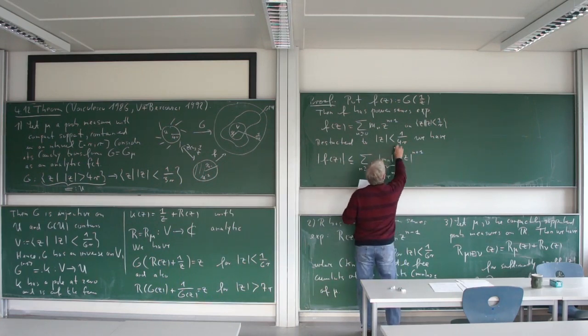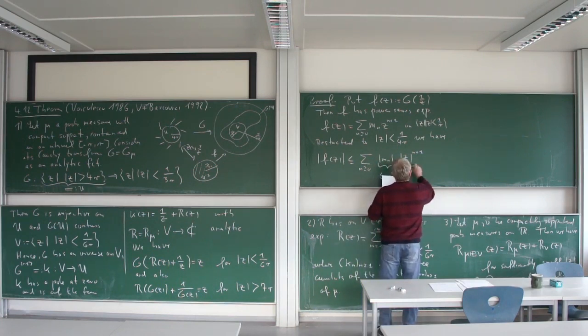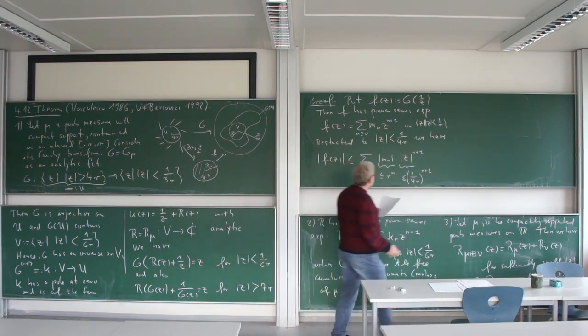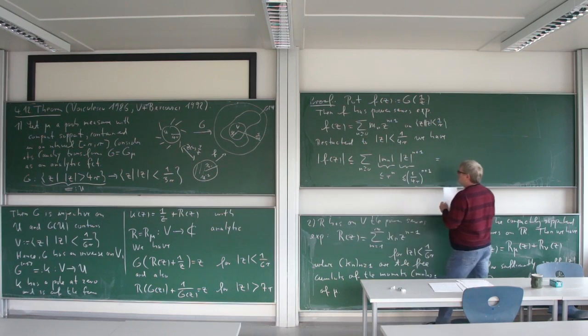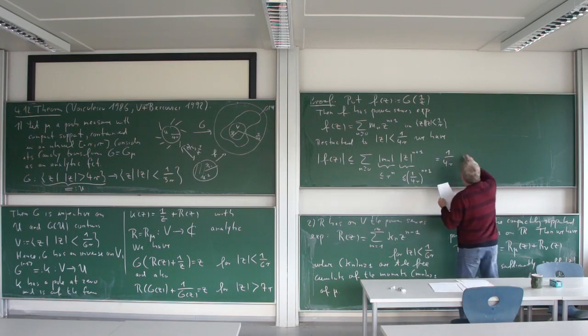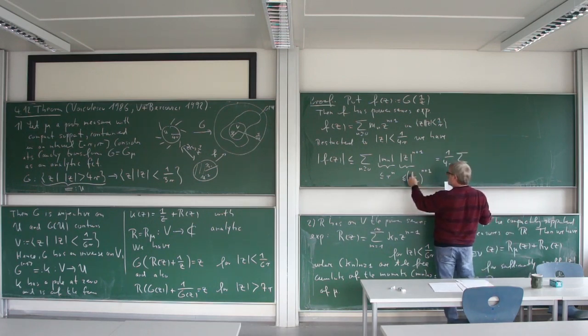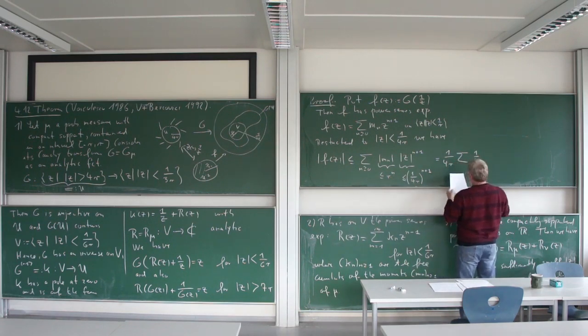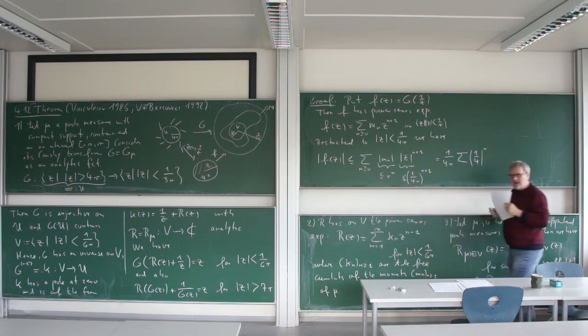And z, of course, I have restricted to this. So this is less than 1 over 4r to the power n plus 1. And so you see, essentially I can estimate this by a geometric series. So I have here things to the power n plus 1, and here I have it to the power n. So I take out one factor, 1 over 4r, and then I'm left with the sum over n, where I have 1 over 4r and I have r. So the r goes away, and I have just 1 over 4 to the power n.